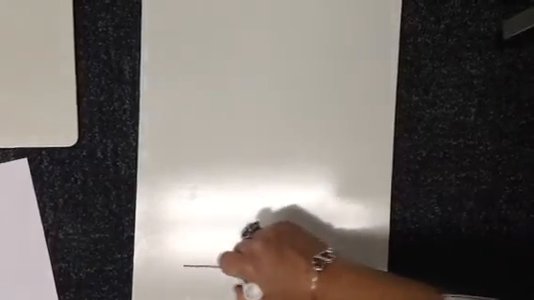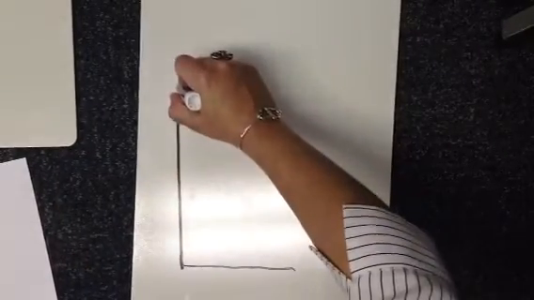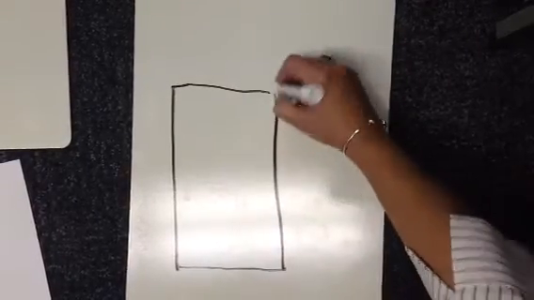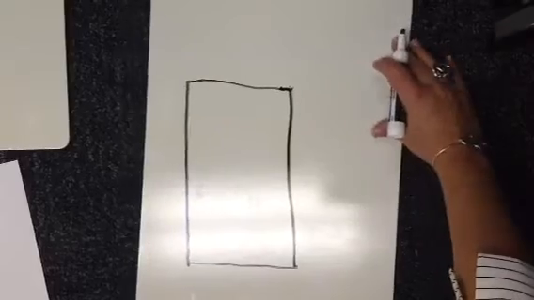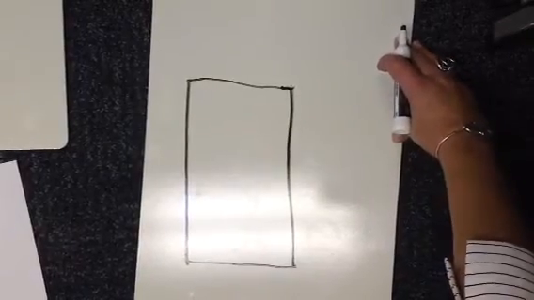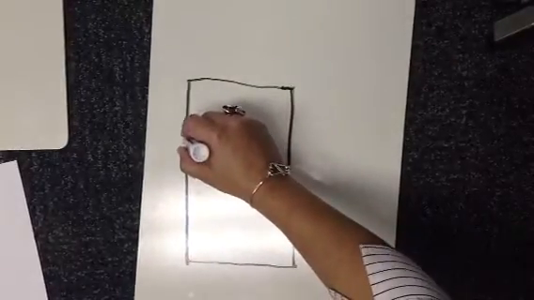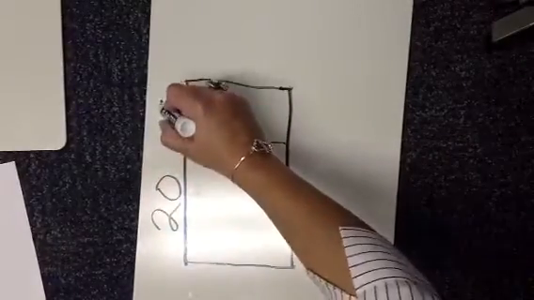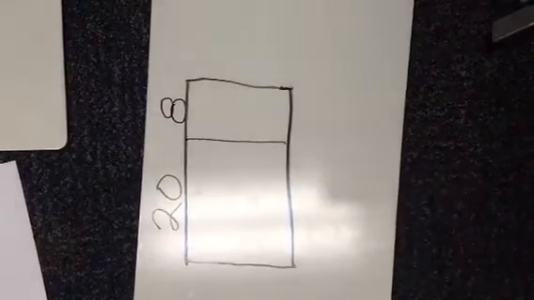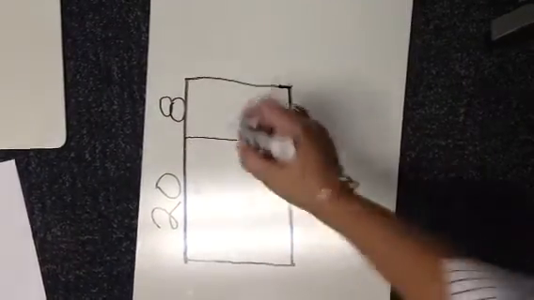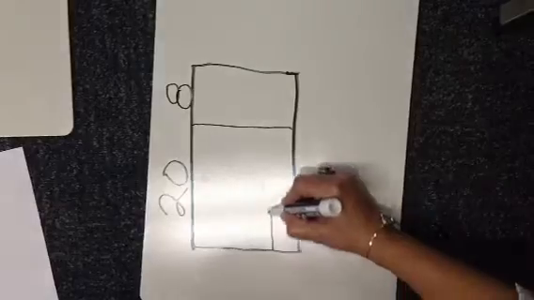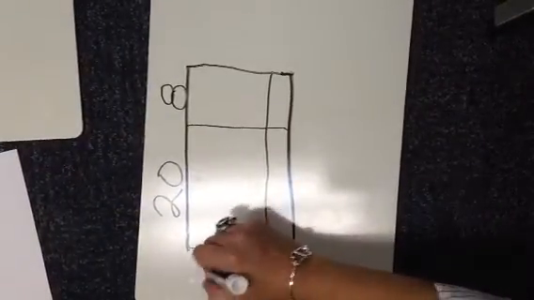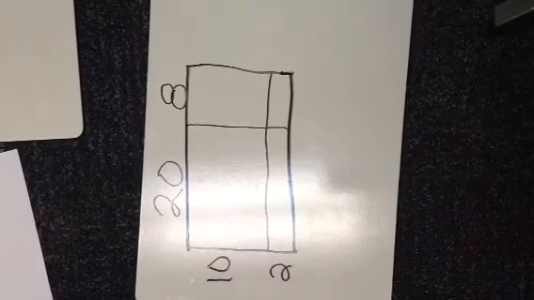I'm going to draw a rectangle. And along the top, I'm going to model 28 as 20 plus 8. Along the side, I'm going to model 12 as 10 plus 2.